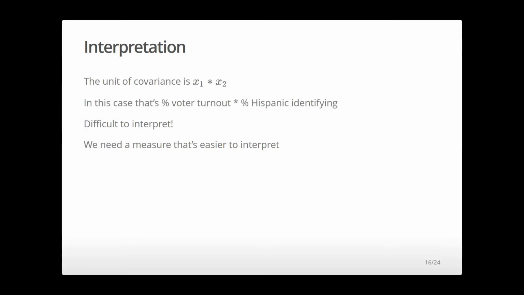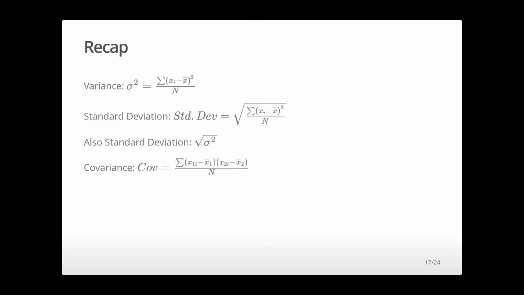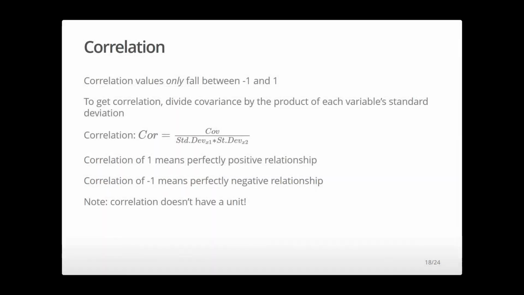What we need is to put the covariance on a scale that is bound by some interpretable limits. To do that, we can divide the covariance by the product of each variable's standard deviation. This makes it so that the resulting number will only ever fall between -1 and +1, and we'll call that number the correlation coefficient.